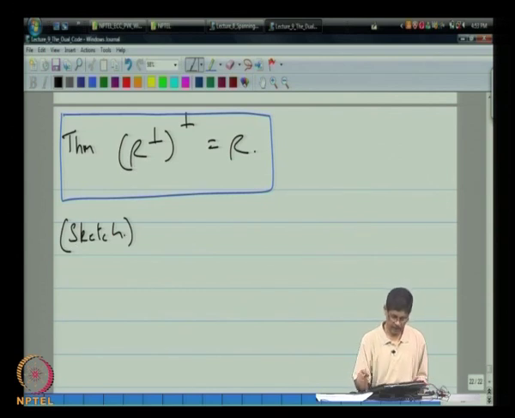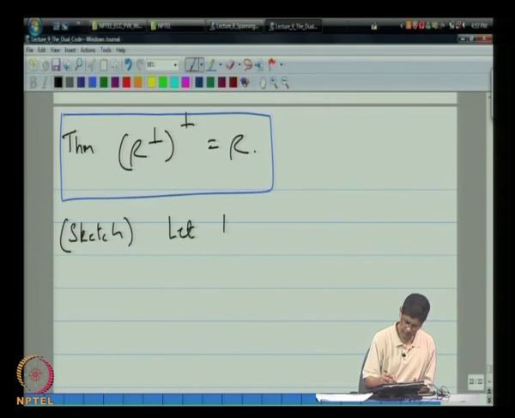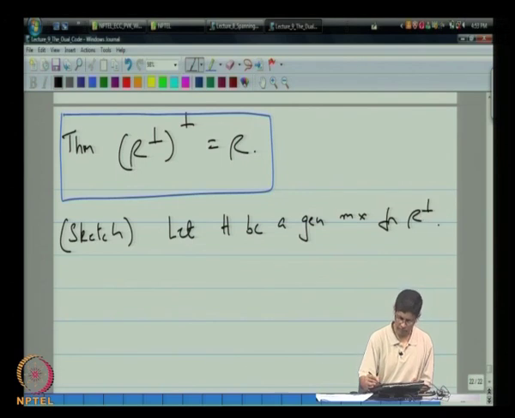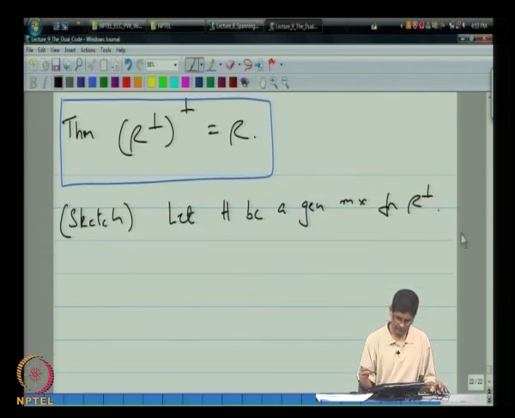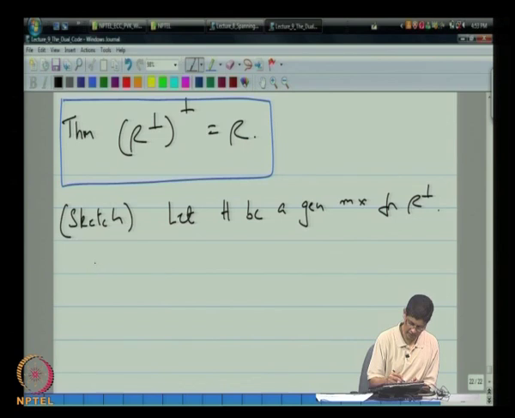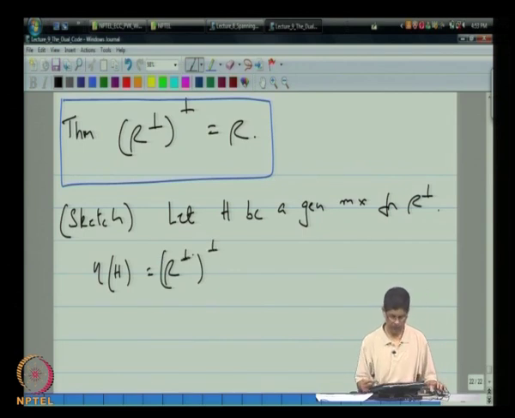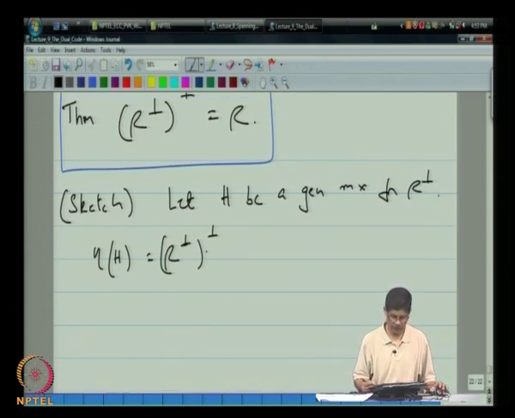The sketch is that, let H be a generator matrix for C perp. We know that the null space of H is the dual of the dual. So, the question really is, is this equal to the code?